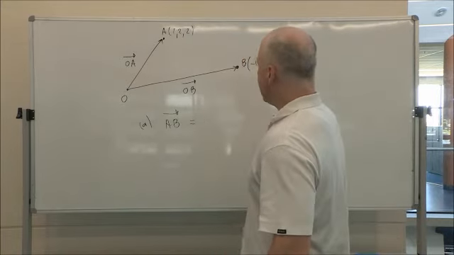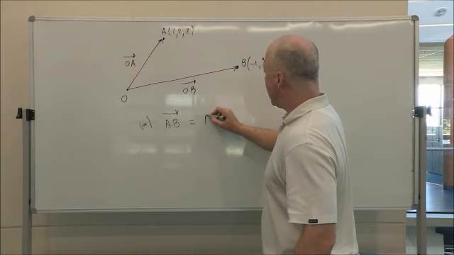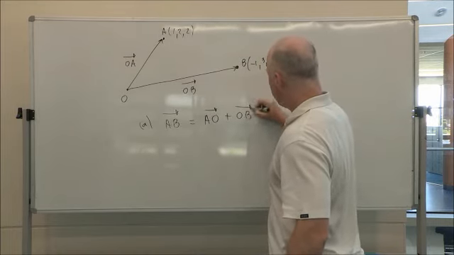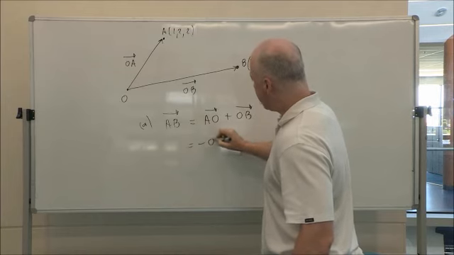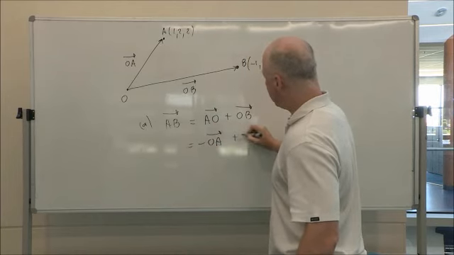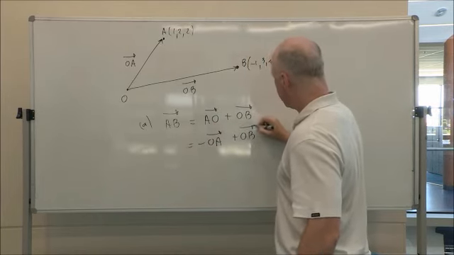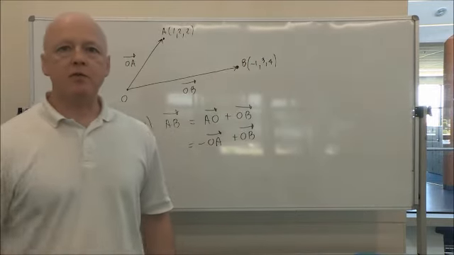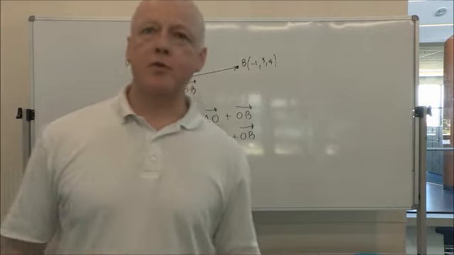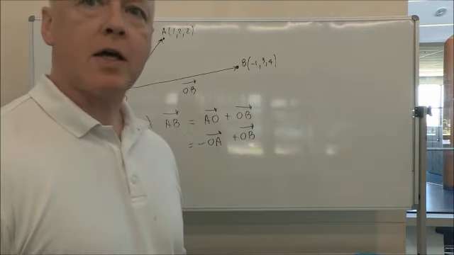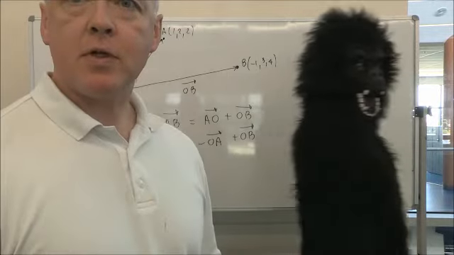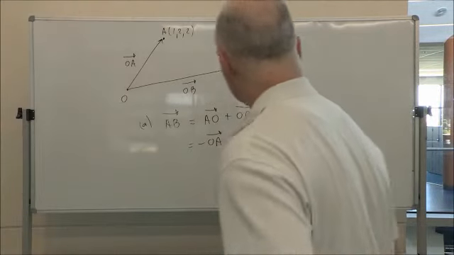The vector AB is going to be the vector AO plus the vector OB, which is the negative of the vector OA plus the vector OB. It'll be good to have expressions for those two vectors, OA and OB, and we can get those very easily, as follows.